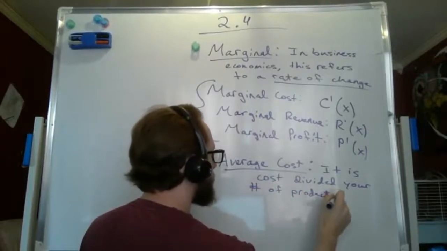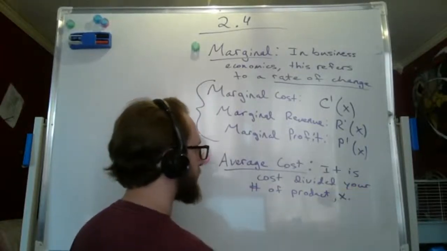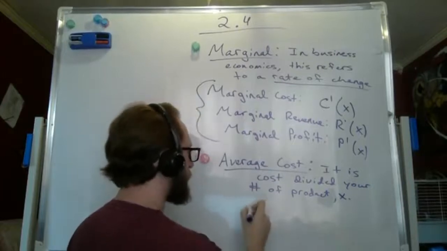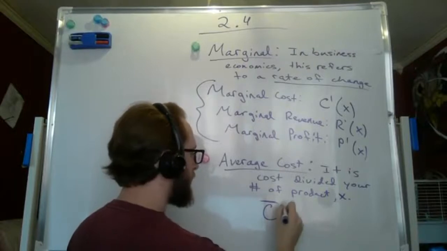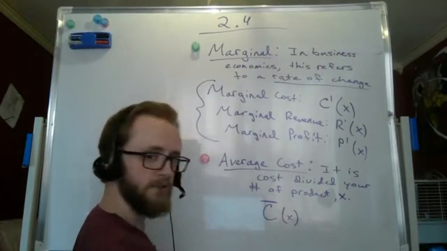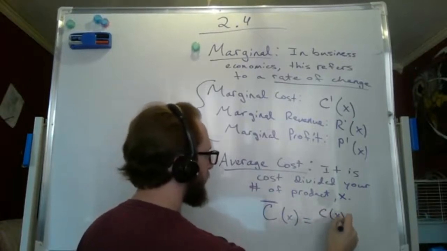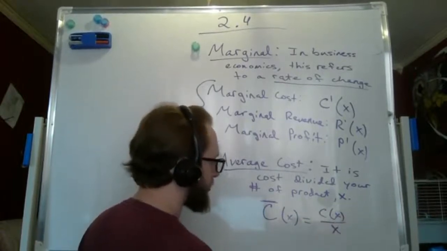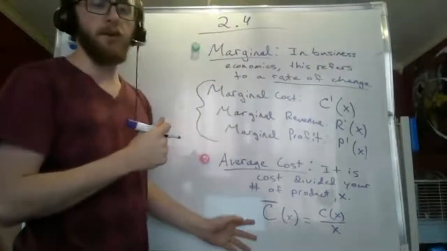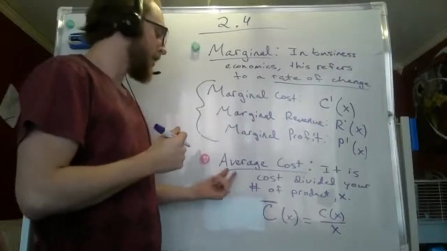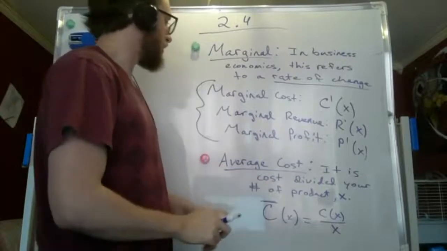But in all of these business questions we've dealt with, what is the number of product? That is x. So for the sake of notation, we're going to use C with a bar over the top of it to represent average cost. And this is going to equal the cost function divided by x. No big deal, nothing too fancy just yet. But remember this formula, as we're going to end up using it later when we start having to calculate these things.